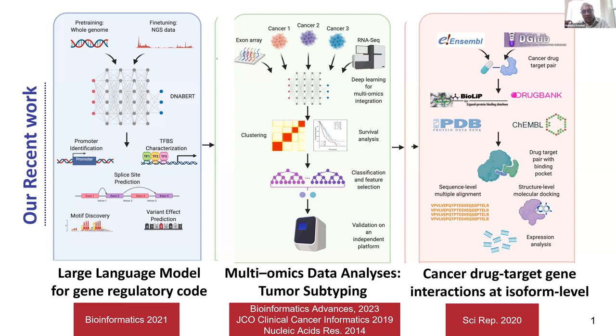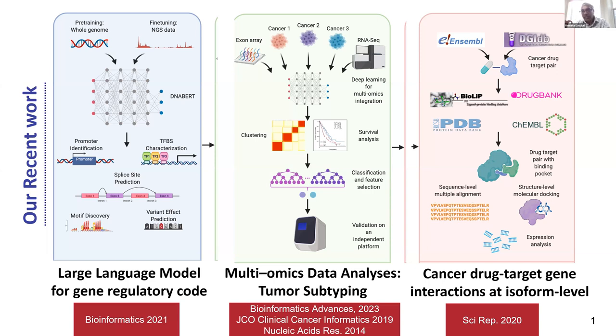Then a long-standing interest in our group is analysis of the cancer genomes, mainly for tumor subtyping. We have developed methods to subtype tumor samples using the transcriptome, primarily at the splice variant or isoform level. Recently, we have DeepMOIS-MC, another deep learning-based method that can perform integrative analysis of multiple omics data to derive robust subtypes that are associated with some outcome, for example, survival.